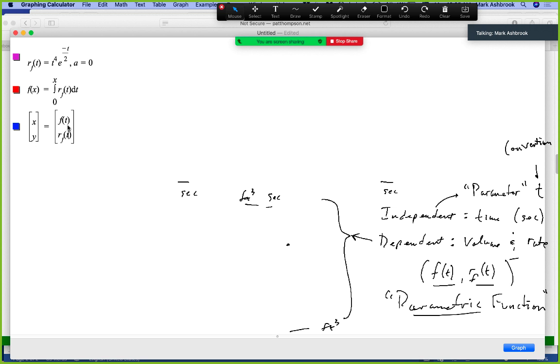Lowercase t is a reserved symbol on GC for the parameter in a parametric function, so it follows this convention as well. Lowercase t will always tell it you want to do a parametric function. So it knows that.